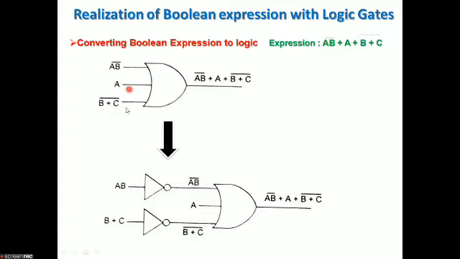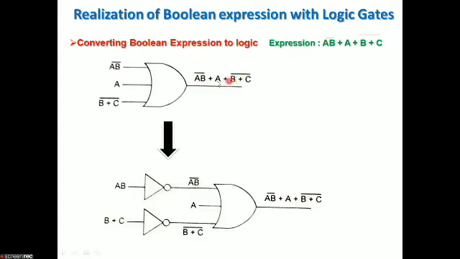These are the 3 inputs of the OR gate. So we draw an OR gate with 3 inputs as shown here: A dot B bar, A, and B plus C bar, and the output is A dot B bar plus A plus B plus C bar.